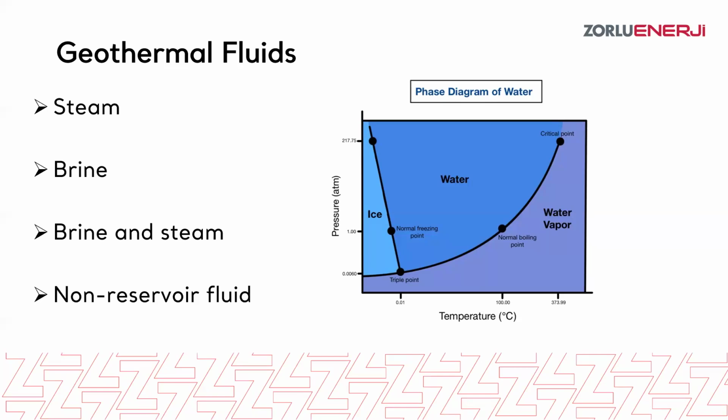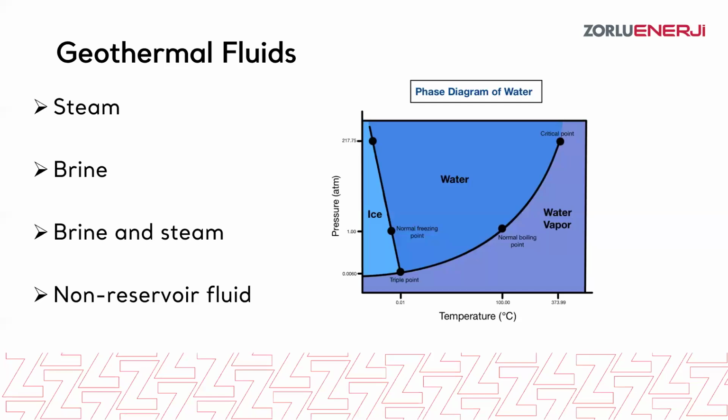For the first three, which are the original reservoir fluids, it is highly dominated by pressure and temperature, which will determine the geothermal fluid that we are using in our fields.